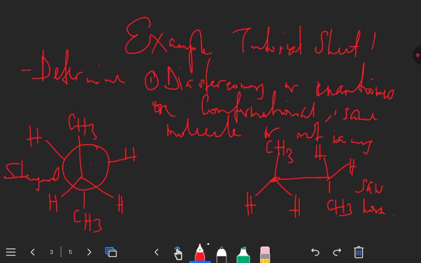They differ by a spatial arrangement of atoms, and therefore they will be called conformational isomers, because these atoms in one case are arranged in a staggered Newman projection, but in the other case they are arranged in a sawhorse projection. So there's just that difference in spatial arrangement, and for that reason, they are known as conformational isomers.